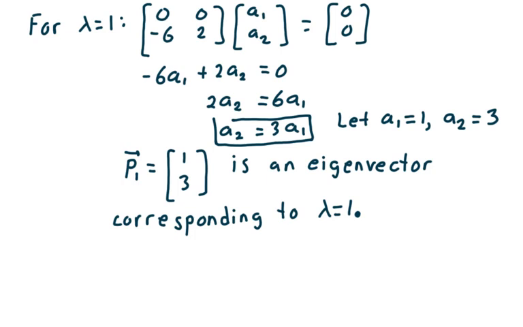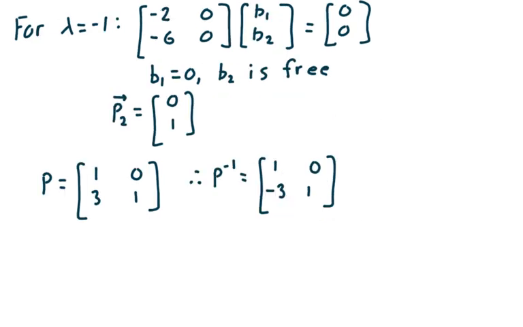Okay. Now, for lambda equal negative 1, I'm going to take the matrix negative 2, 0, negative 6, 0 times the column vector B1, B2 and set it equal to the column vector 0, 0. So B1 equals 0 and B2 is free. And so what I'm going to do is set B2 equal to 1.